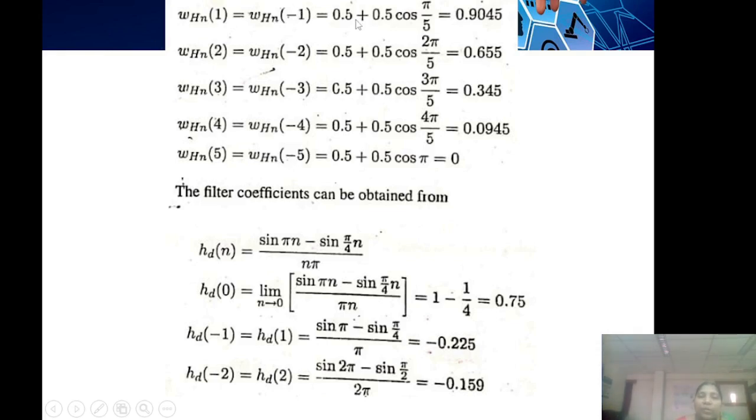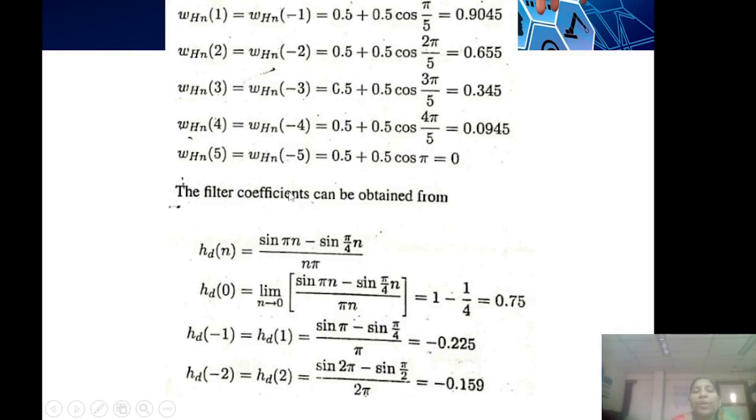If you substitute the n value, you get w_HN(0) as 1, w_HN(1) = 0.9045, w_HN(2) = 0.655, w_HN(3) = 0.345, w_HN(4) = 0.0945, and w_HN(5) = 0. Keep in mind that you have to use your calculator in degree mode.